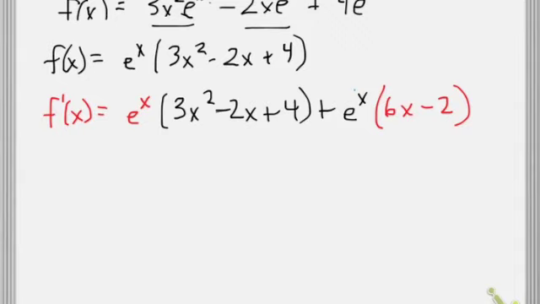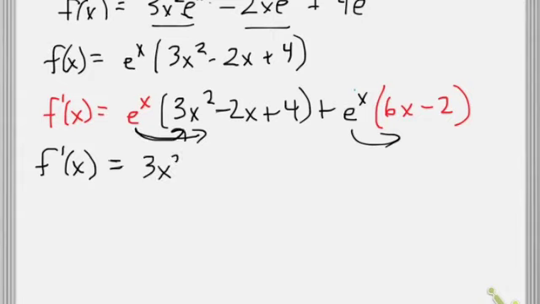Lastly, we can clean this up. Okay, two ways to do it. I can distribute this e to the x, and while I do that, I'm also going to combine like terms, and I'll try to show you guys what I'm doing here. So first I distribute the e to the x to the 3x squared, so I get 3x squared e to the x.